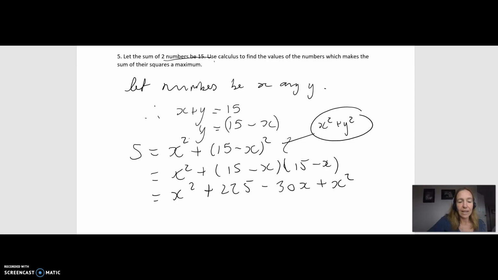And now I can add up all my like terms. So I have 2x squared minus 30x plus 225. You don't have to write it in that order. I just like to write it in descending degree.